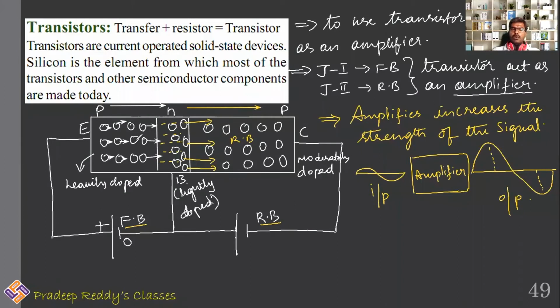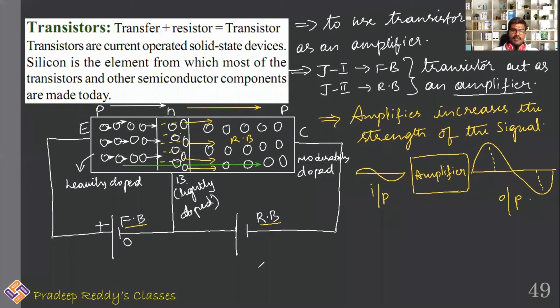Therefore, the holes, which are majority charge carriers in the emitter, cross the first junction barrier and enter into the base region. The second junction barrier is connected in reverse bias. As a result, before most of the holes recombine with electrons in N type, they are pulled or dragged towards the collector region. So most of the holes from this emitter region cross and enter into the collector, right?